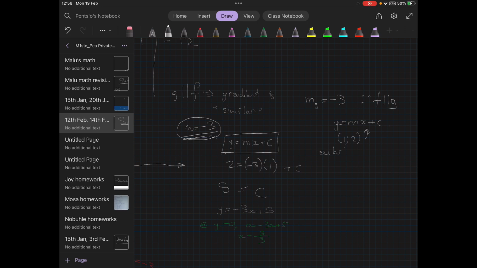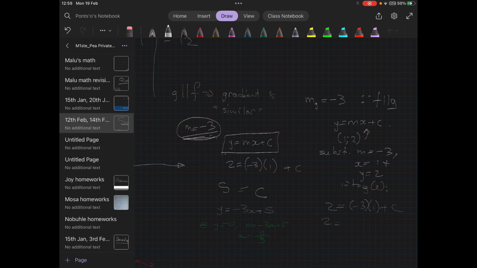So let's substitute m equals -3, x equals 1, and y equals 2 into y equals mx plus c for g of x, so that we have 2 equals -3 times 1 plus c.